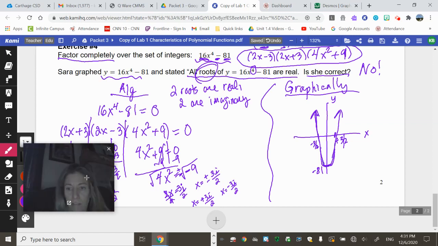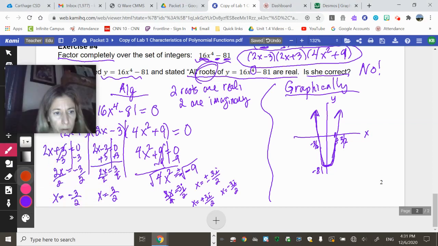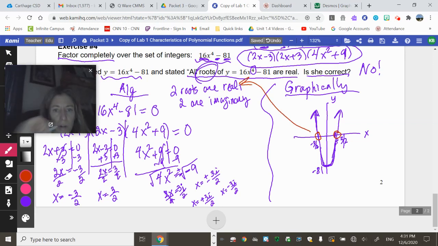It can have just a flat bottom, which indicates more than one root there. So I have 2 real roots, and since I have 4 potential roots, I can tell that 2 are real and 2 are imaginary. So basically, if 2 are real, the other 2 have to be imaginary.